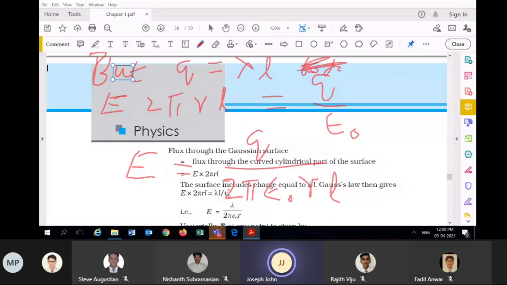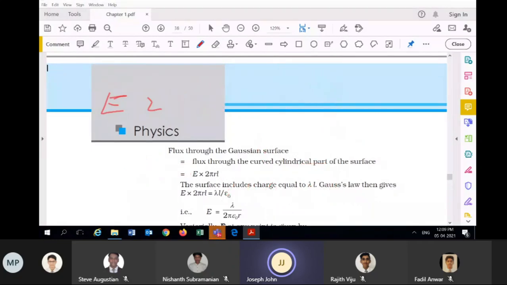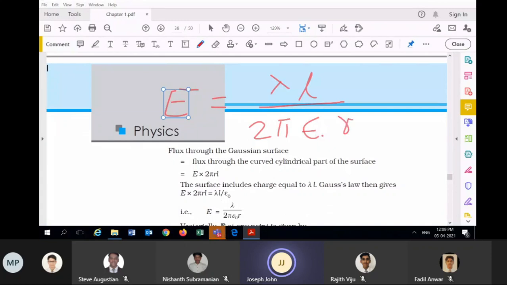Q is equal to lambda L. In that, E is equal to lambda L divided by 2 pi epsilon naught rL, in which L and L cancel.